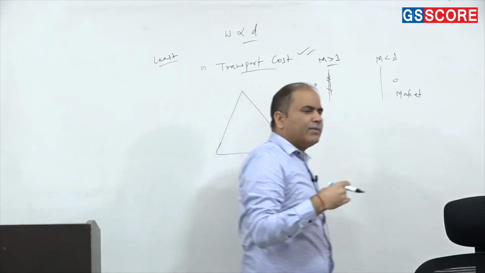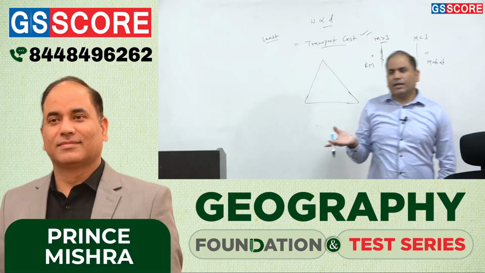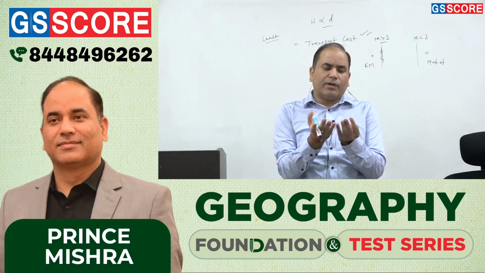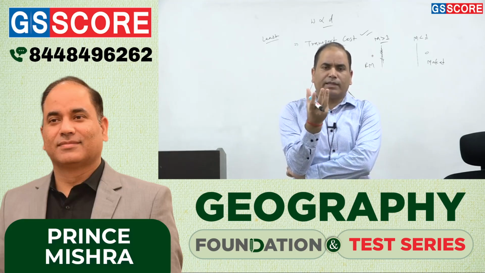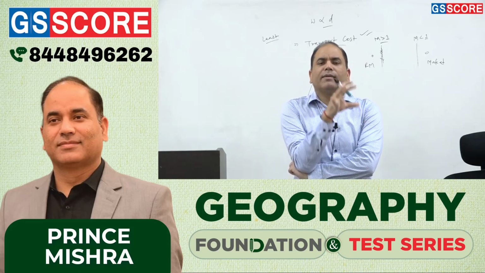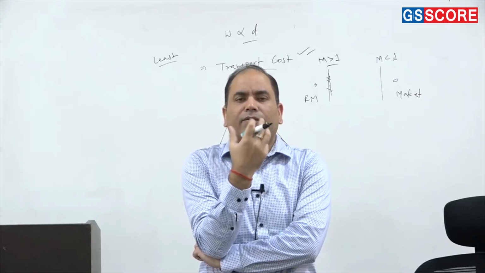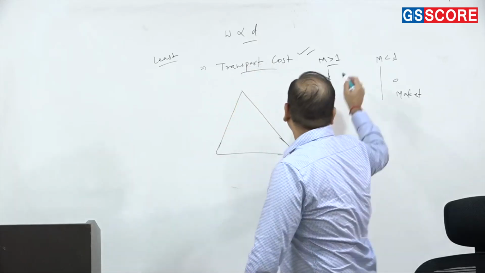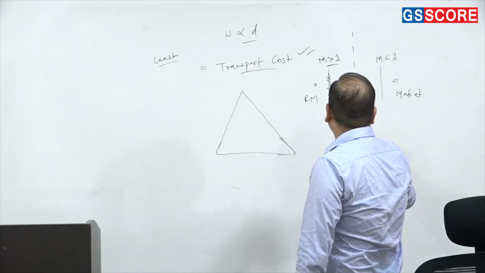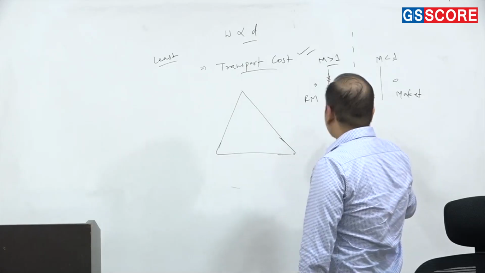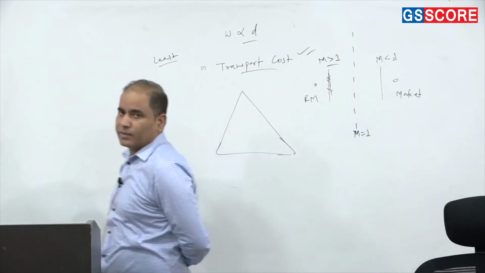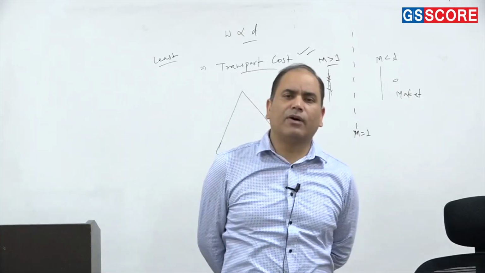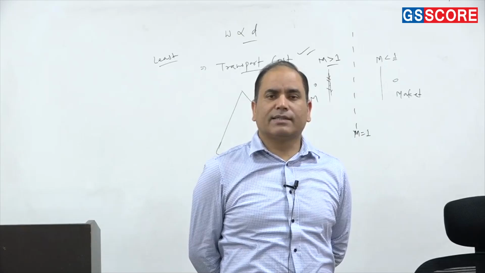As far as footloose industry is concerned, the amount of raw material required is going to be the same as the final goods. So if you have footloose, that is M equals to 1, the industry can be set up in between.